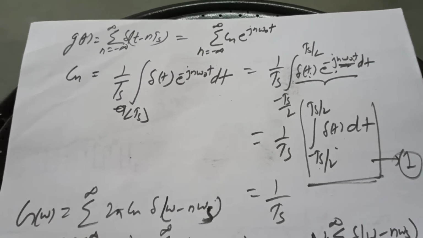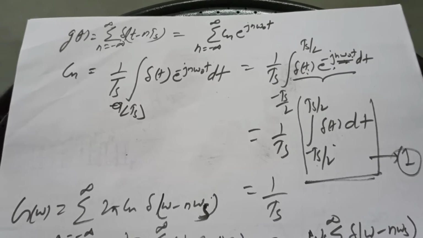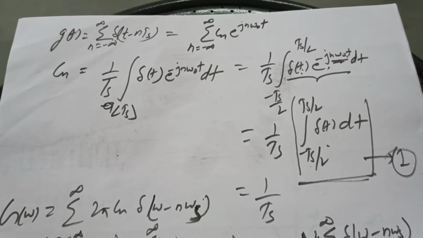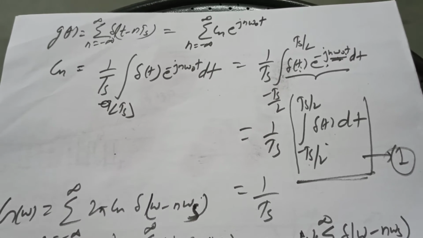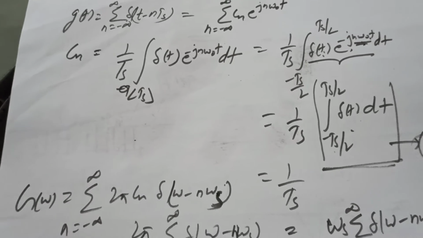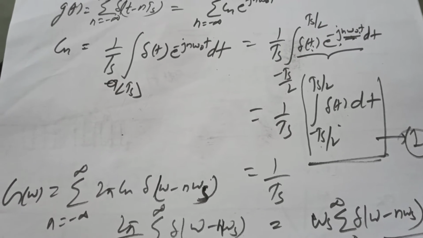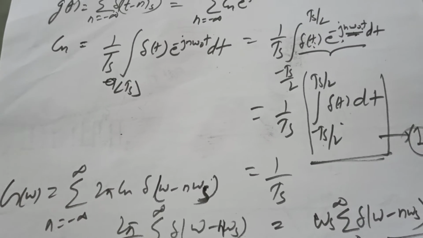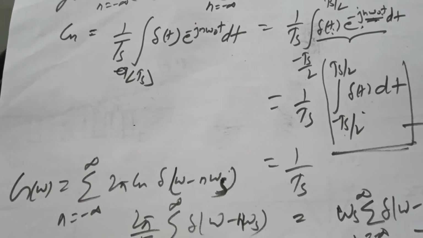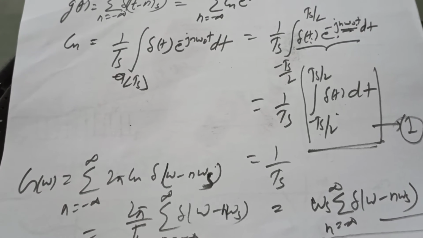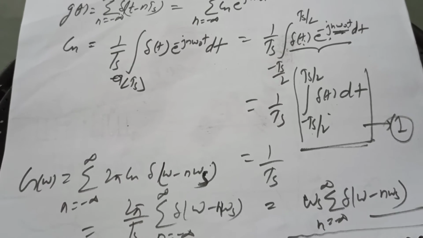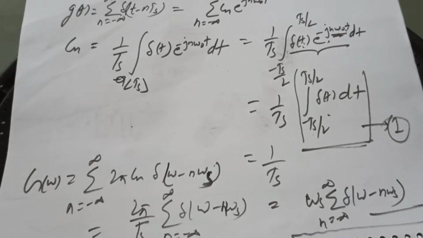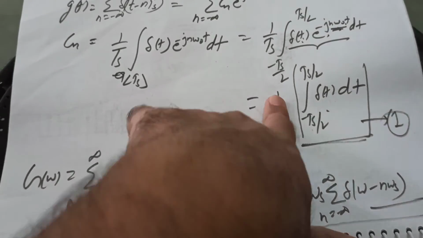We just get the Cn, which is nothing but 1 by Ts integral of f(t) e to the power minus j n omega naught t dt, where t is varying over the entire time period. Now this is delta(t), 1 upon Ts e to the power minus j n omega naught t dt, varying from minus Ts by 2 to Ts by 2. Clear?